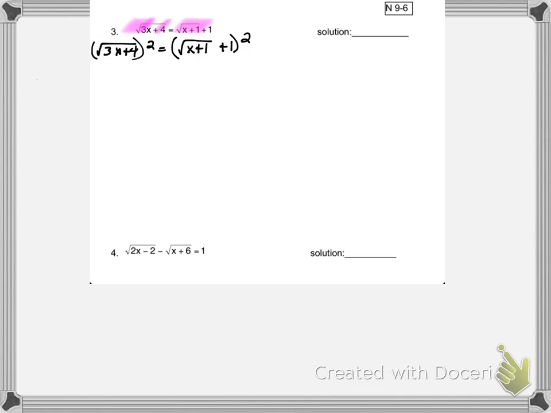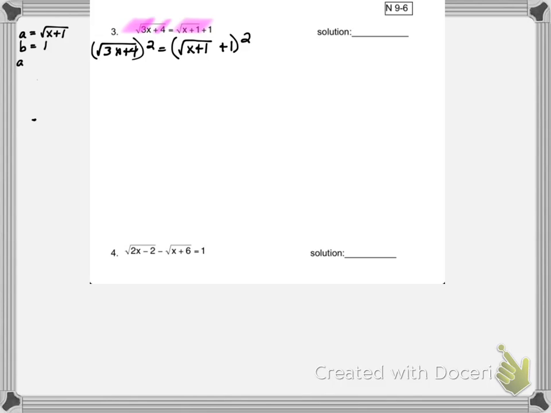Okay, so again, if you want to, you can use the a and b. We have a is equal to the square root of x plus 1, and b is equal to 1.